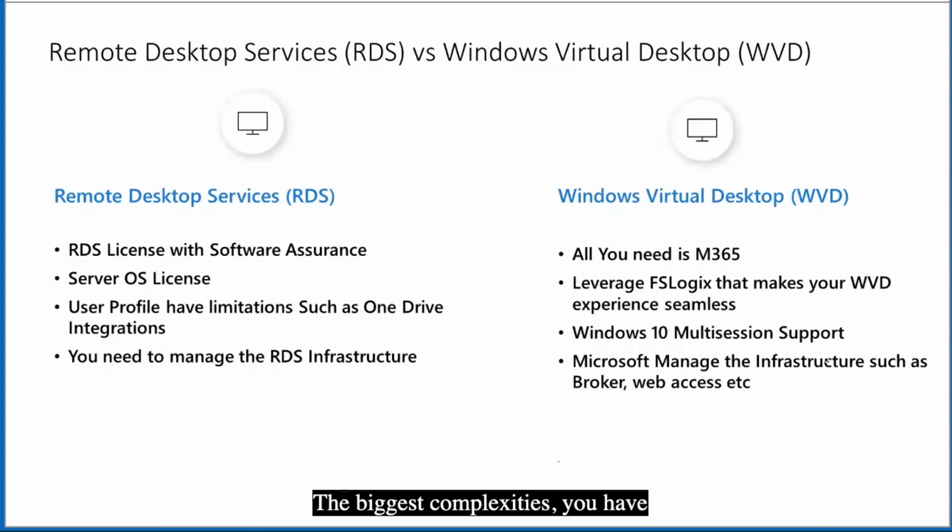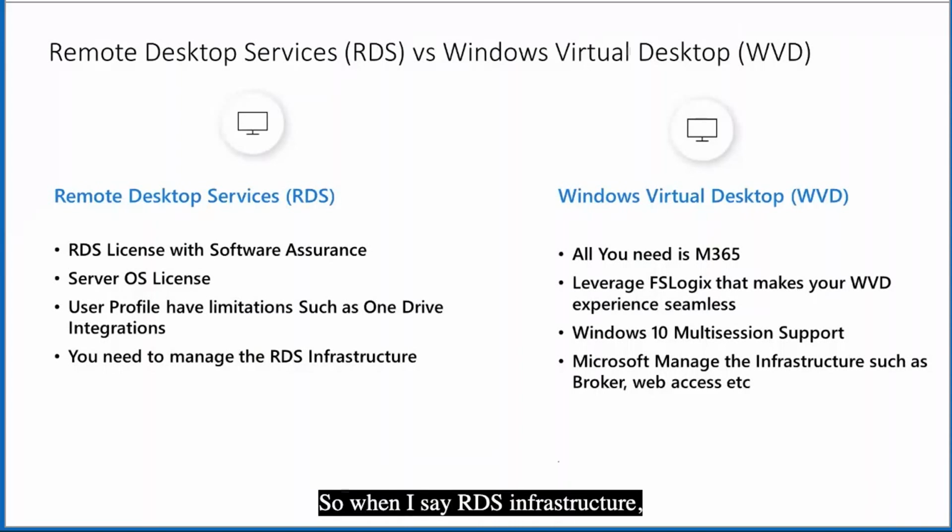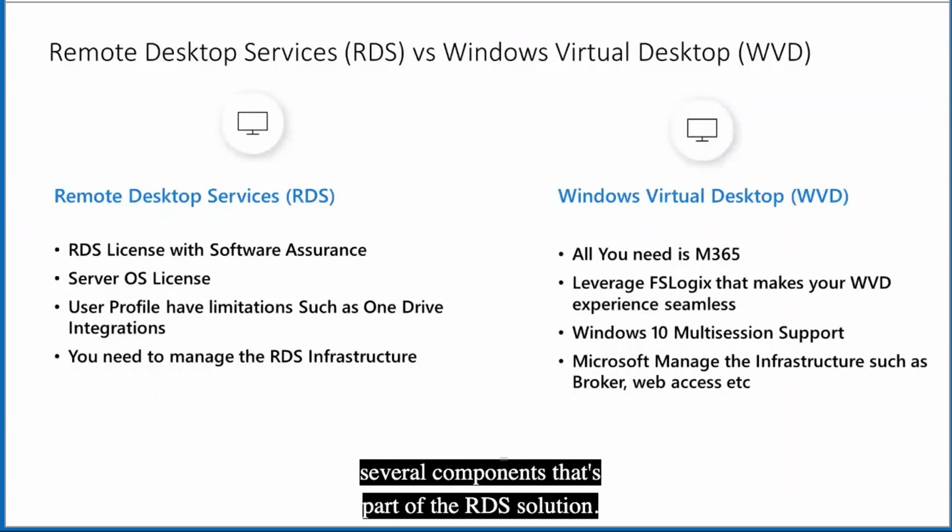The other big complexity is that you have to manage the complete RDS infrastructure. When I say RDS infrastructure, it is the RDS broker service, the web access, and several other components that are part of the RDS solution.